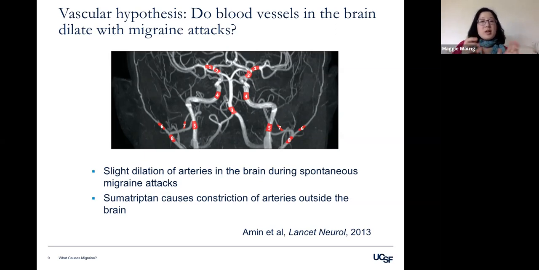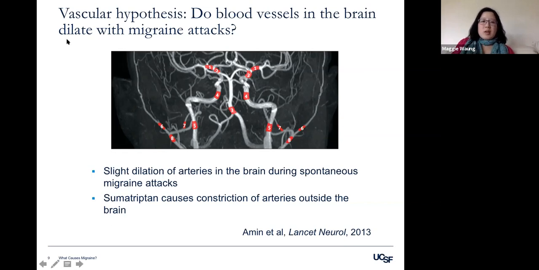And although they did see some changes in the blood vessels in the brain, it was very slight during headache, and the treatment with sumatriptan didn't really affect those changes inside the brain, but may have constricted some of the outer blood vessels in the head, like outside of the skull. So that also put a damper on the hypothesis that bigger blood vessels is what's causing headache. And now we know that not all medications that dilate vessels will trigger a headache, and not all medications that constrict blood vessels will abort headaches.